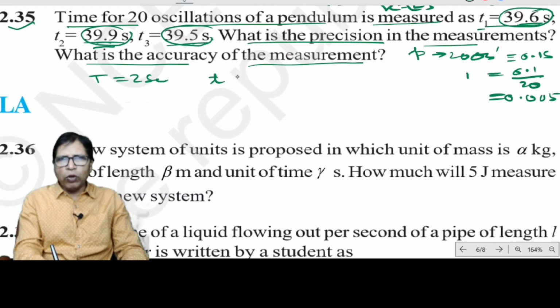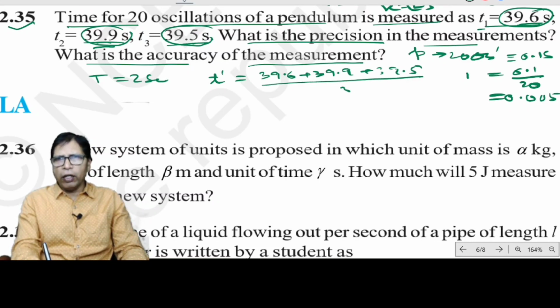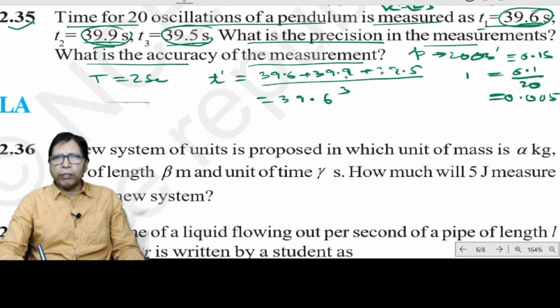Okay, the mean value of measurement, T dash, equals, look at this, 39.6 plus 39.9 plus 39.5, divided by 3. Okay, no problem. Now look at this, 0.6 plus 0.9 is 1.5, 1.5 plus 0.5 is 2, and 2 divided by 3, so look at this, it is 39.66.